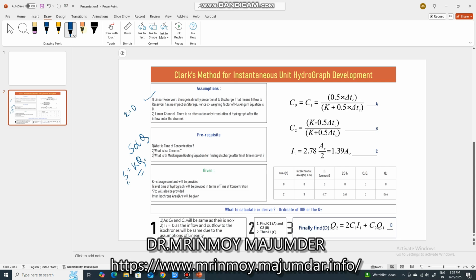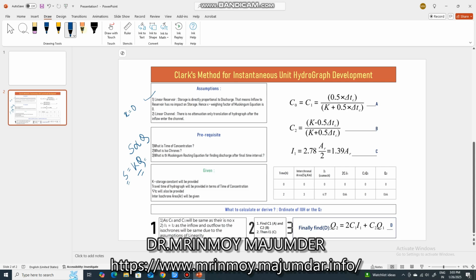Second assumption is the channel is linear also. That means there is no attenuation, only translation of the hydrograph. After entering the channel, the inflow hydrograph can only translate, cannot attenuate. That means its characteristic will not change after entering the channel.